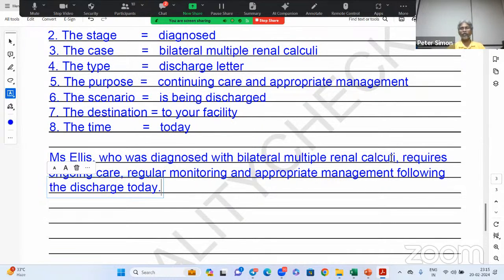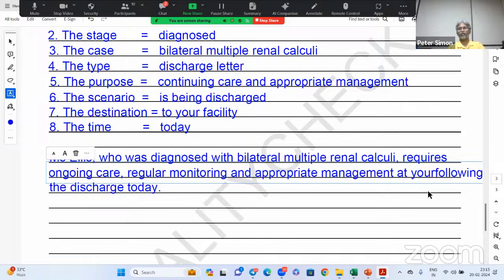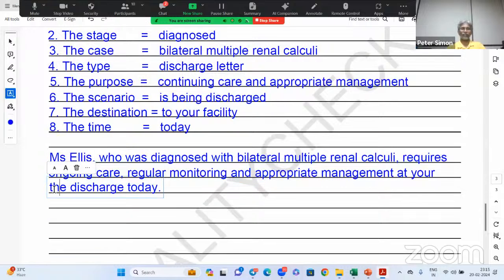So here requires ongoing care, regular monitoring, and appropriate management at your facility, following the discharge today. Today we are discharging, we need this.